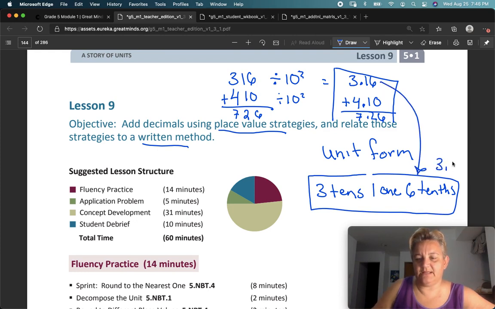It's 31 and 6 tenths, okay? I just moved those around. So there I went 316 tenths, and here's 31 and 6 tenths. 3 tens, 1 one, and 6 tenths. So this is unit form. We're going to use a lot of unit form, and we're going to use that to figure out how to add decimals maybe in an easier way for some of you.